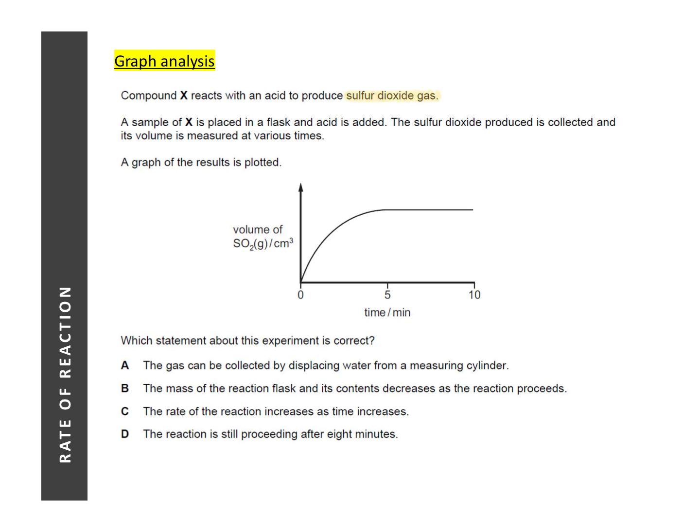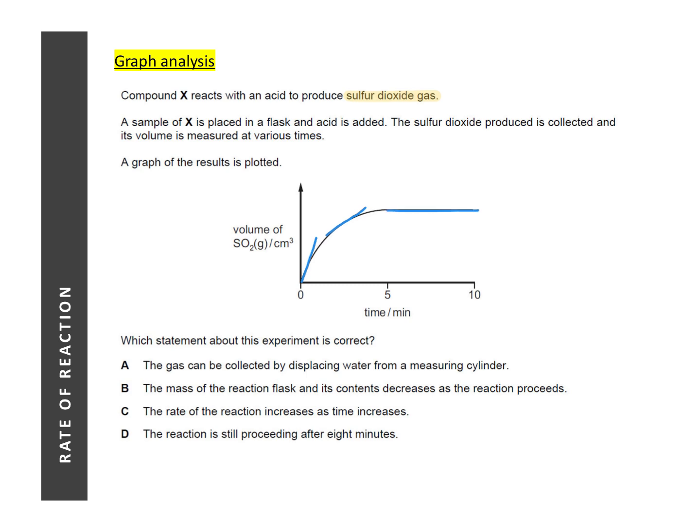Now when we have a graph of volume of gas with time, there are a few things that we can take note of. The first of which is that the rate of the reaction is given by the gradient. If we look at the gradient at the start, or the gradient of the tangent to the curve at the start, it is large, it decreases over time, and eventually it reaches zero.